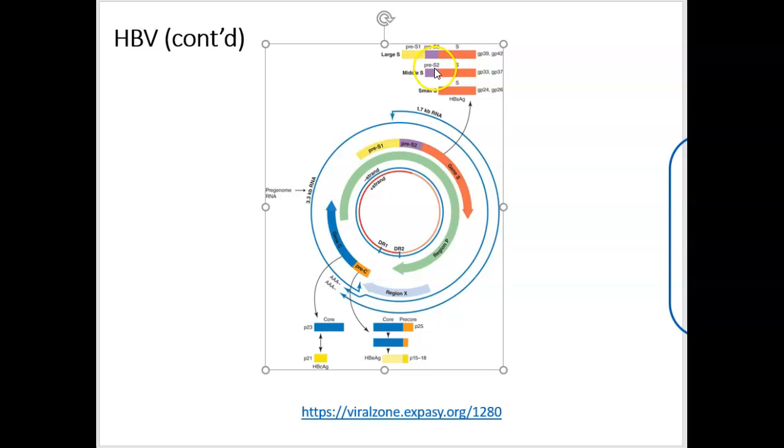So to get the polymerase and the short S gene, it uses leaky scanning. So if you can reach back in your memory to the beginning when we were talking about different strategies that viruses use to get the most bang for their buck as far as the size of their genomes is concerned.